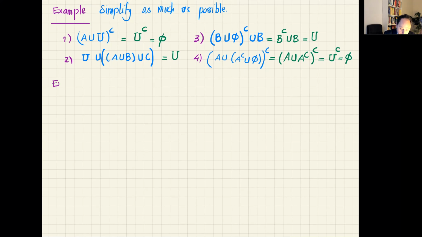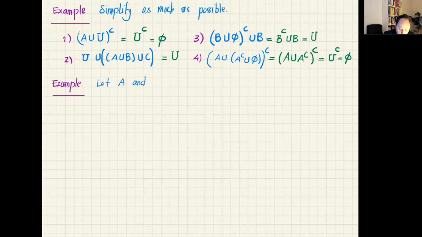So example: let A and B be sets such that we don't know if A is a subset of B or not, but we know that A is a subset of B complement.